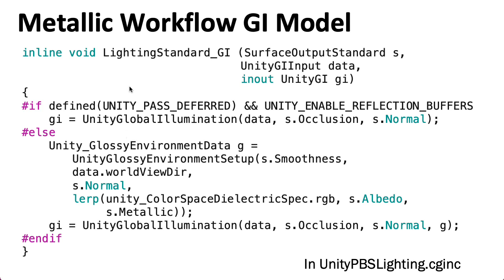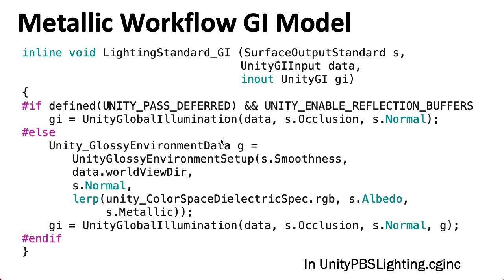Now, to actually fill out this UnityGI structure, we need some additional code associated with our lighting model. It's not sufficient to just have a lighting standard, say. You also need lighting standard underscore GI. And what the lighting standard underscore GI function does here is it will take some information in this UnityGI input data, and then it will fill out UnityGI.